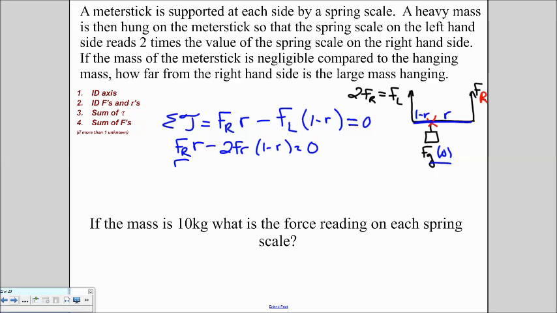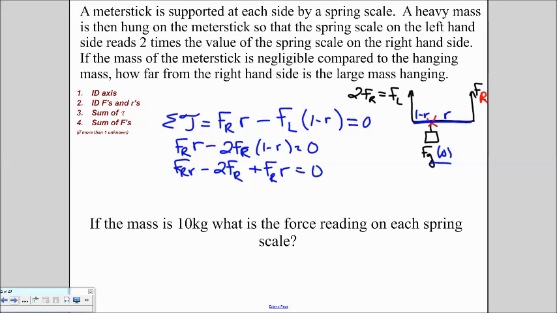Simplify down even more. FR R minus 2FR plus right force times radius equals 0.